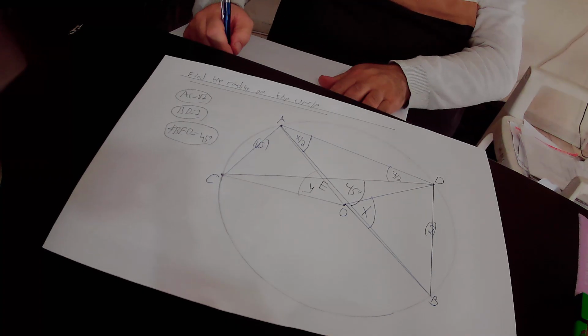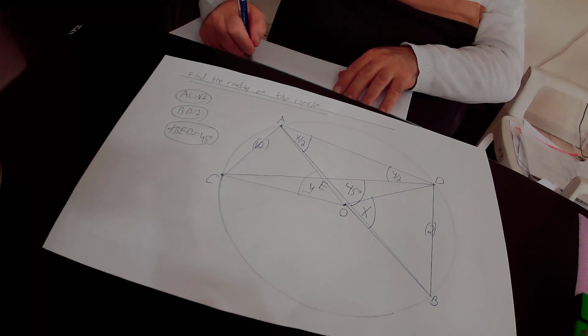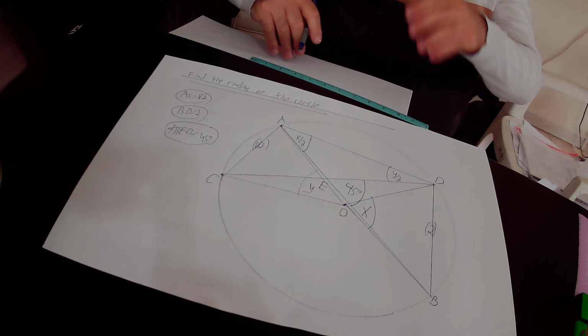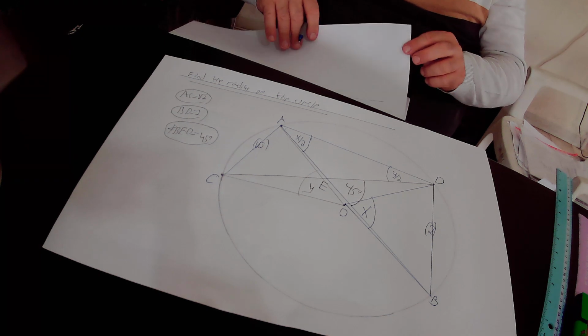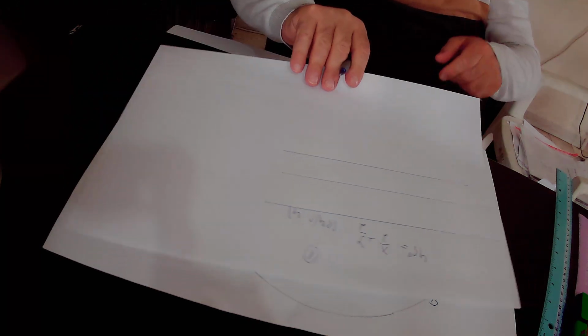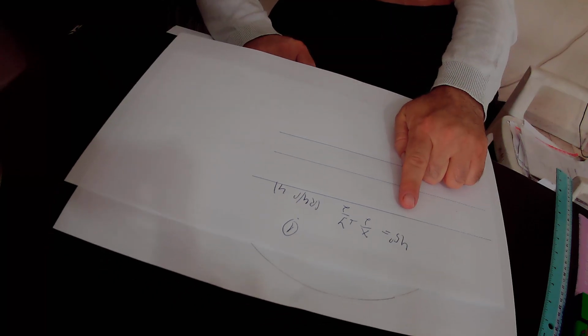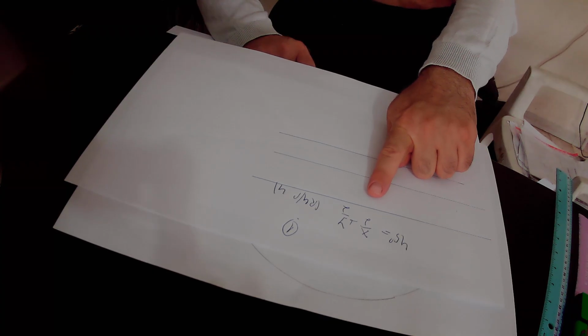So I repeat again: according to Rule 4, the value of the exterior angle that equals 45 degrees must be equal to the sum of the two interior angles that are not adjacent to it. That is to say, it must be equal to x over 2 plus y over 2.